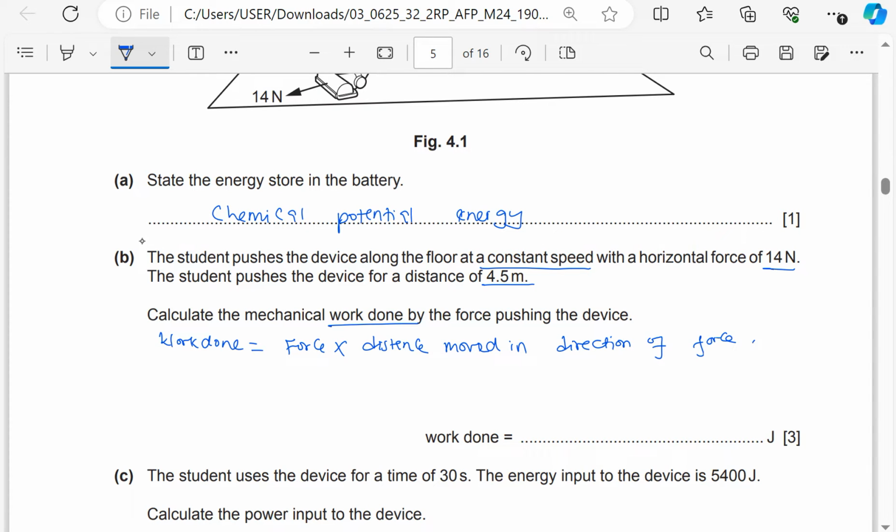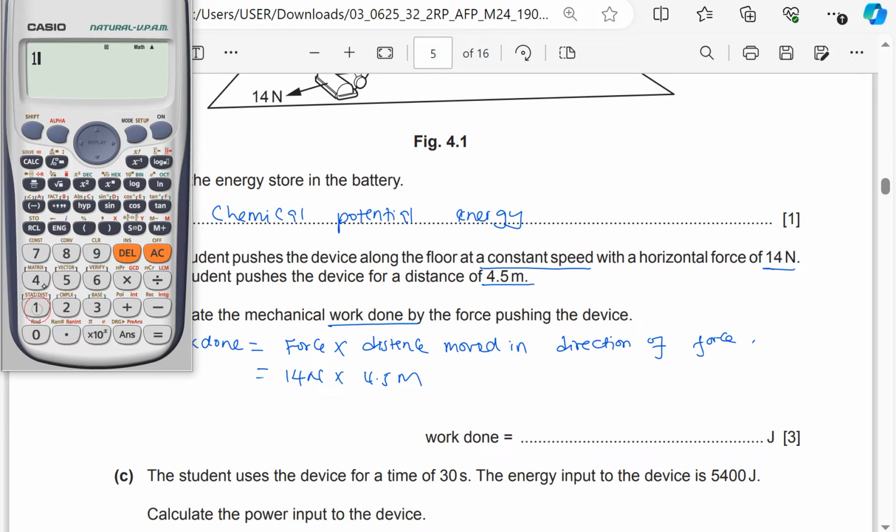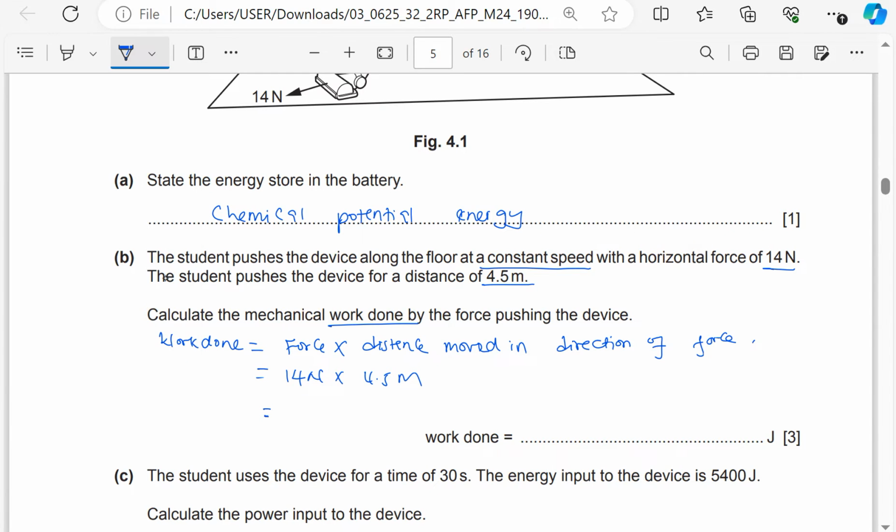Force times distance moved in the direction of the force. So the force is 14 newtons and the distance moved is 4.5 meters. So I'll just press my calculator: 14 times 4.5. That is 63 joules. So this is 63 newton meters, which is the same as joules.